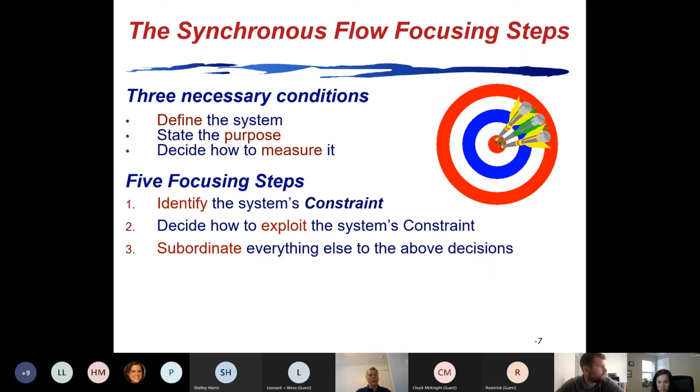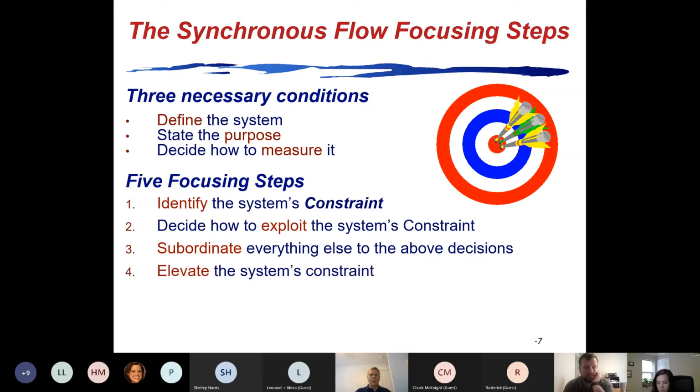That's very different than every process step being as productive as it can be independently. There's a difference between efficiency and effectiveness. Efficiency is doing things right. Effectiveness is doing the right thing. And effectiveness is a lot more important than efficiency, and we can prove that.